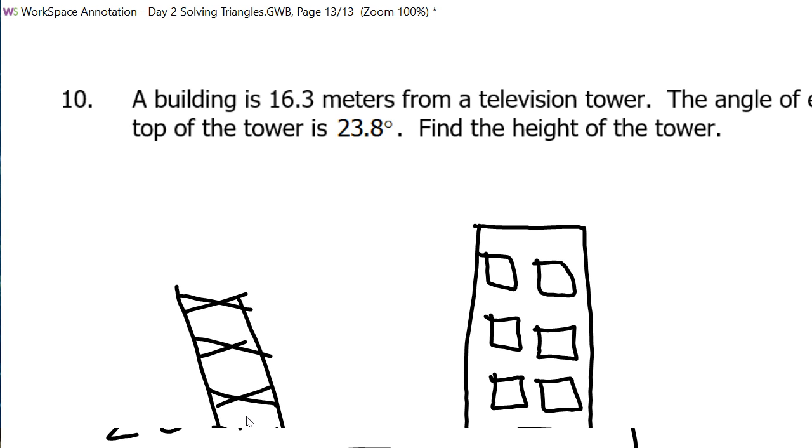So the angle of elevation, would that be measured coming up from the horizontal line or coming down from the horizontal line? Up. So we need to start at the horizontal line and go up to that television tower. So the angle of elevation would be this angle right here. They said that the angle of elevation to the top of the tower is 23.8 degrees. And we want to find the height of the tower.